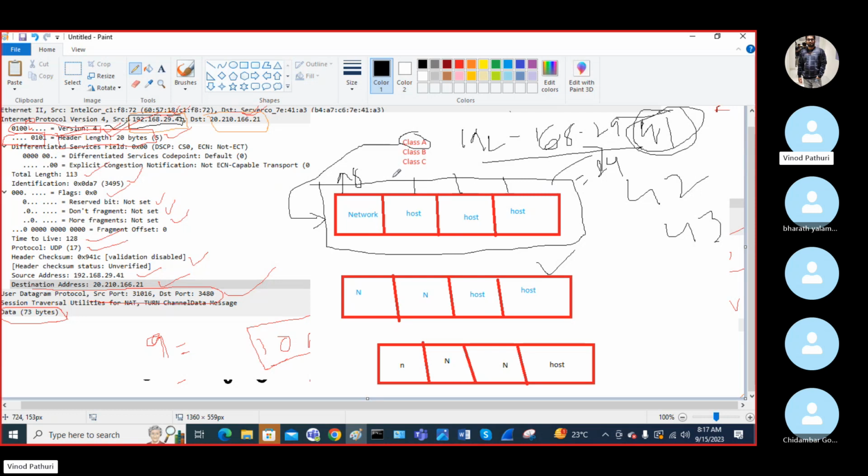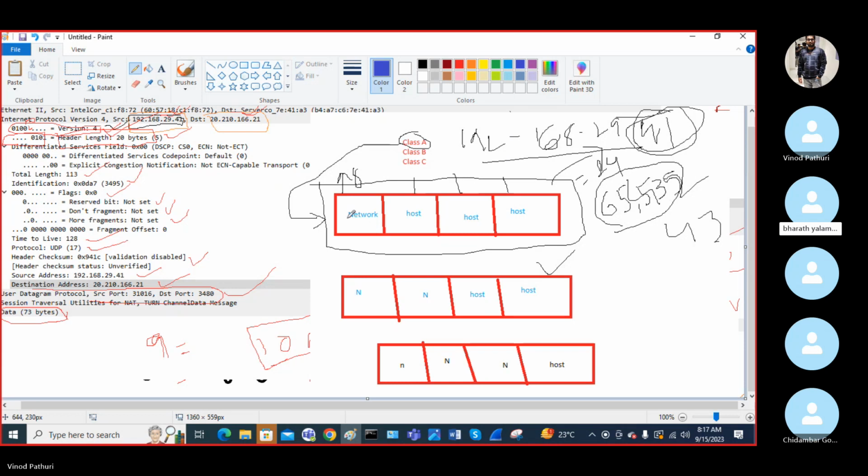Okay, so for example, just leave it. We can connect up to 65,535 devices in a Class A network.